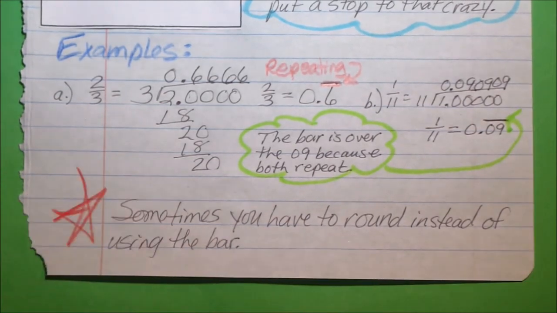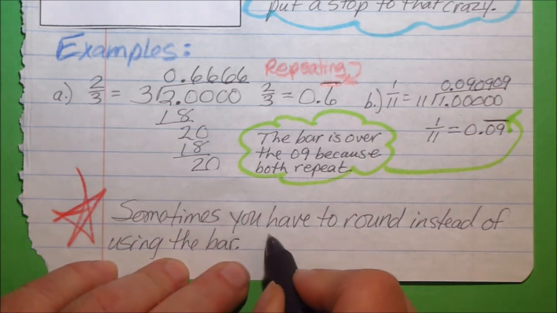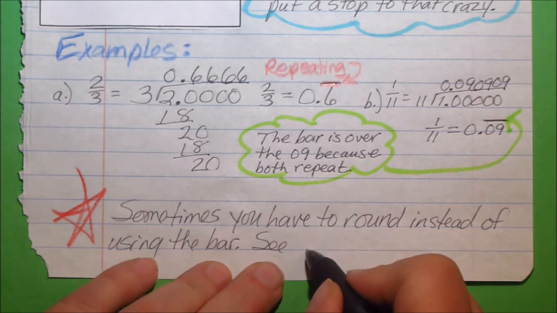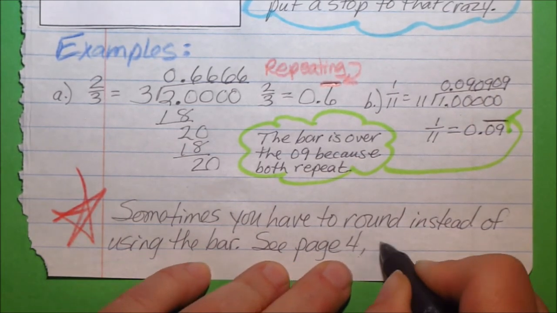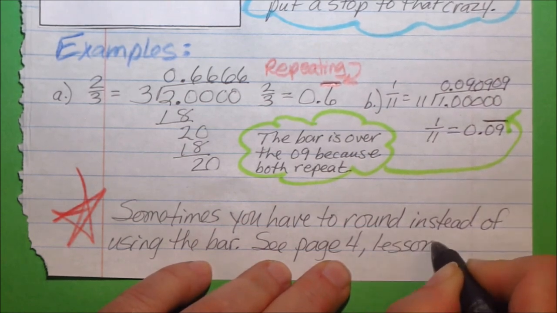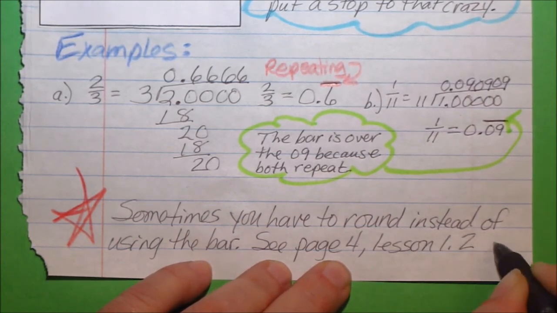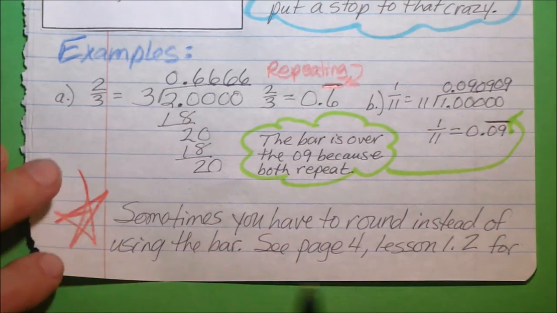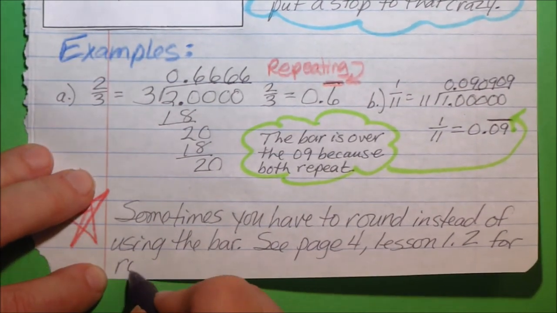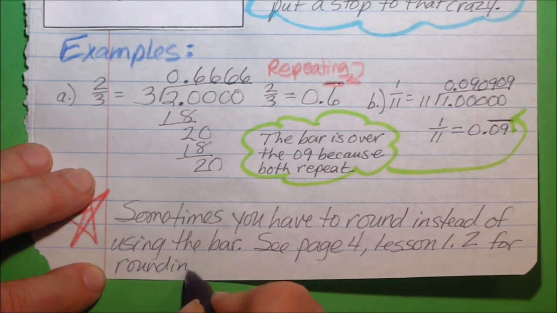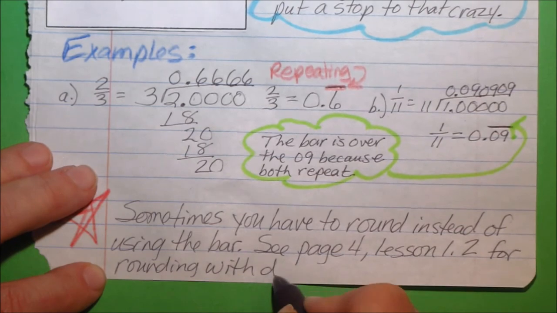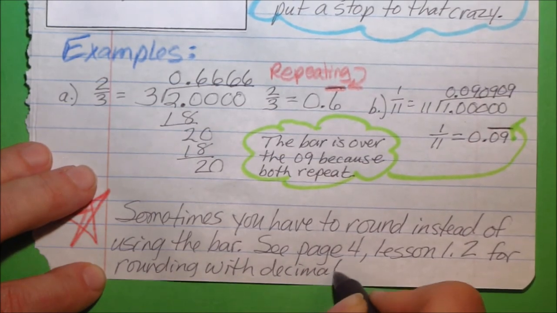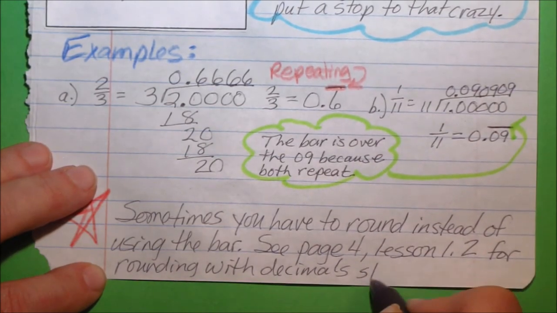And often your problem will ask you to round to a certain place value. Okay, so when this is the case, see page 4, lesson 1.2 for rounding with decimals steps.